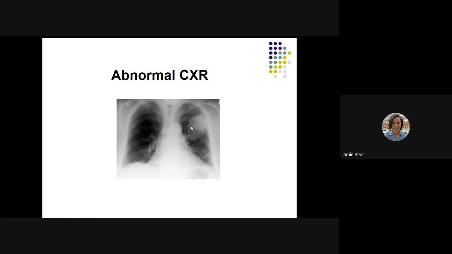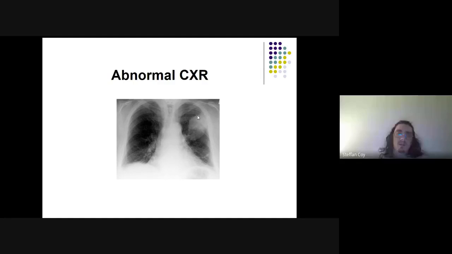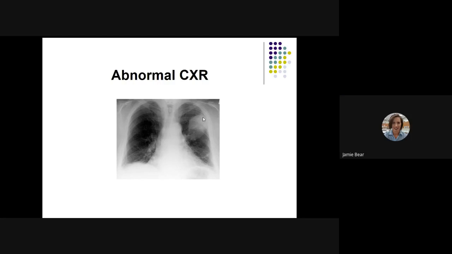Now, why do you guys not think this is a pleural effusion right here? Because then it would be black, right? Well, a pleural effusion would be radiopaque white, but would you think it would be right in the middle? If it was fluid from buildup in the pleural space, do you think it would be right in the middle of the lung? You said it would be at the bottom because gravity is taking the liquid down, right?